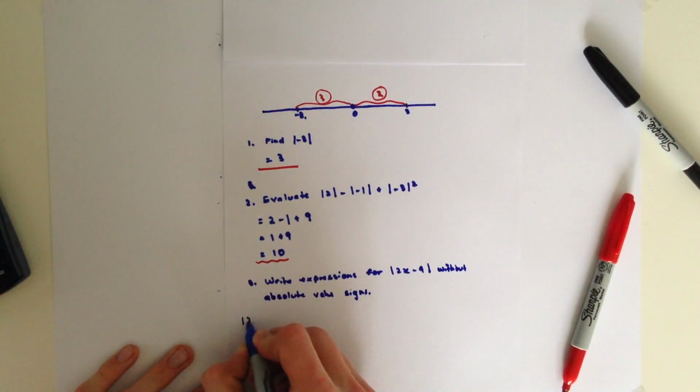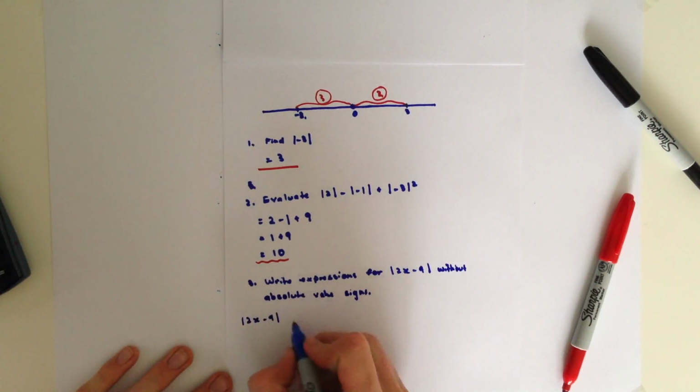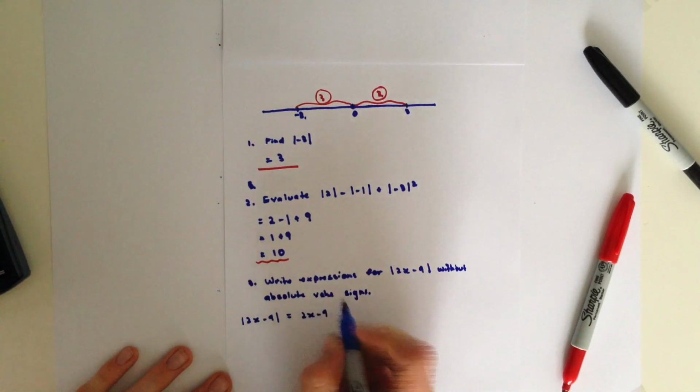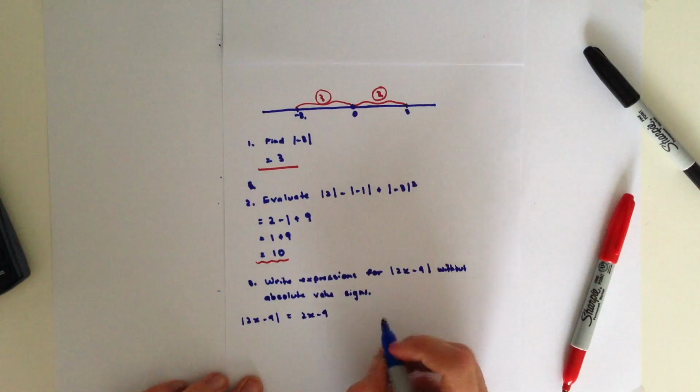Well, the absolute value of 2x minus 4 can equal 2x minus 4. It can equal either the positive or the negative.